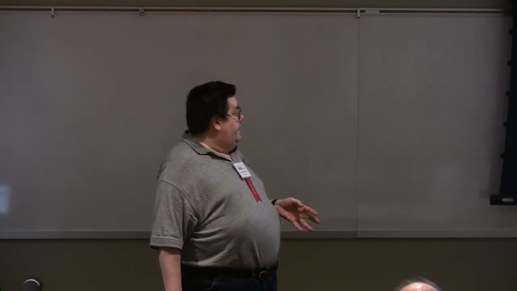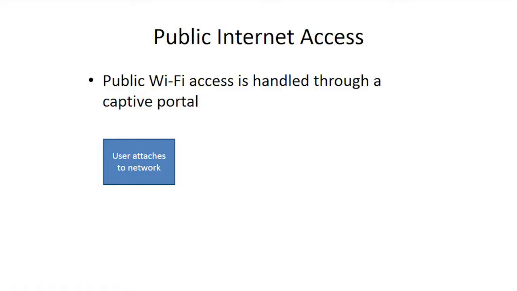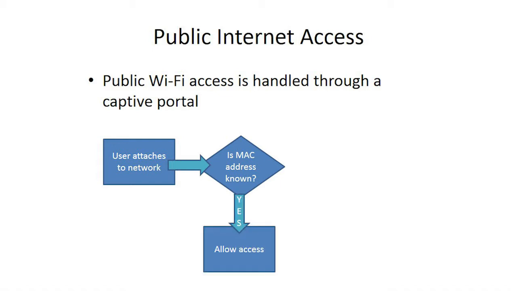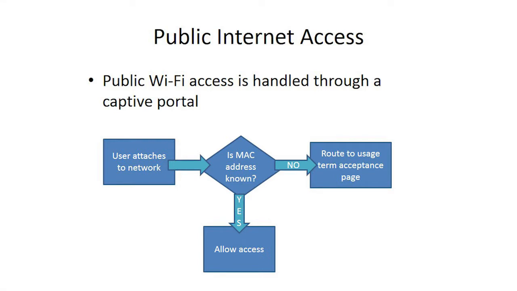So basically the user attaches to the network, and the captive portal system looks at the MAC address of the person's system and asks, do I know who this person is? If yes, they're allowed to have access. So it's seen them before, they've been authenticated or verified. If not, they're routed to the usage term acceptance page.